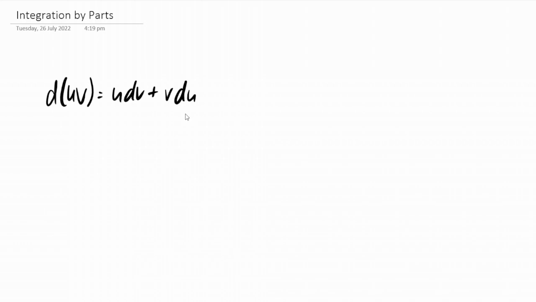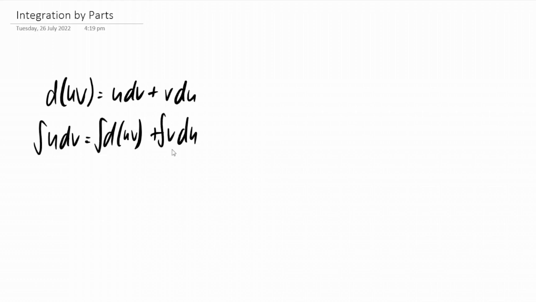Now if we transpose v du to the other side, we will have u dv equals the derivative of uv minus v du. And next we will add the integral sign here to look for the integral. So we will have the integral of u dv equals the integral of d(uv), and the differential will cancel out the integral sign.